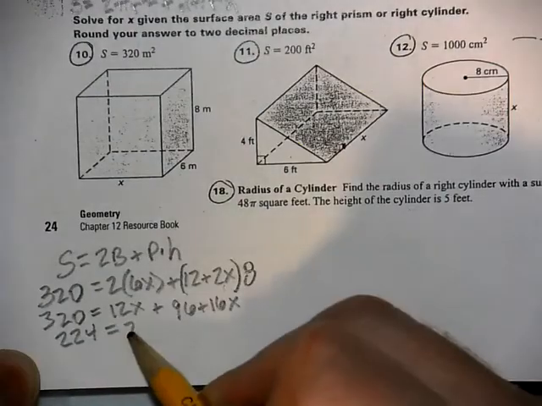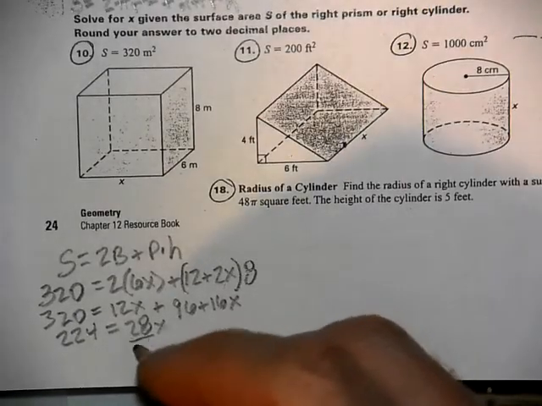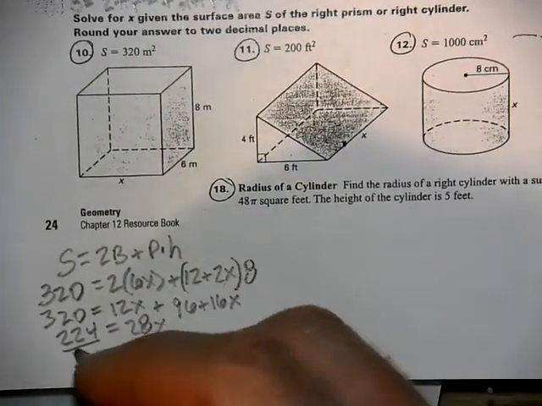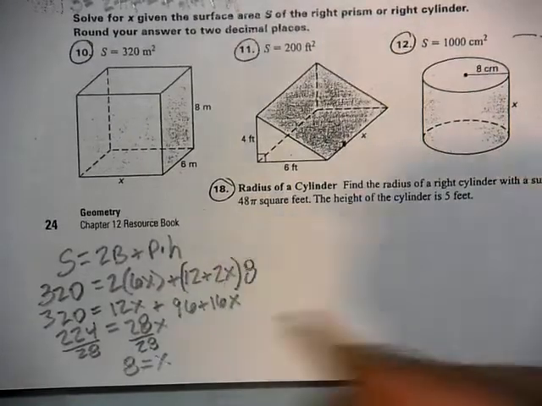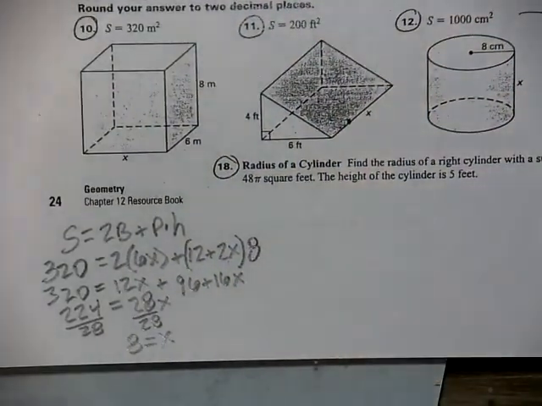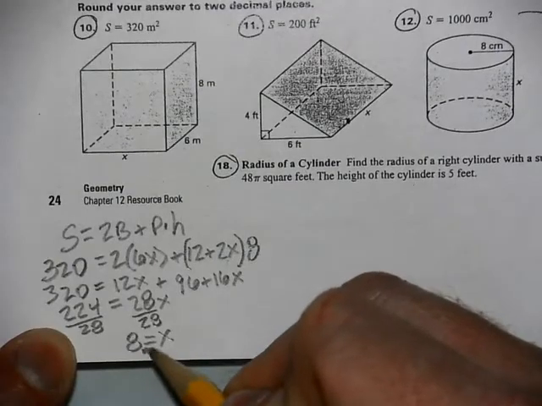We have 28x, and our 224 should be divisible by 28 8 times. So our x is 8. Our missing side would be 8 meters.